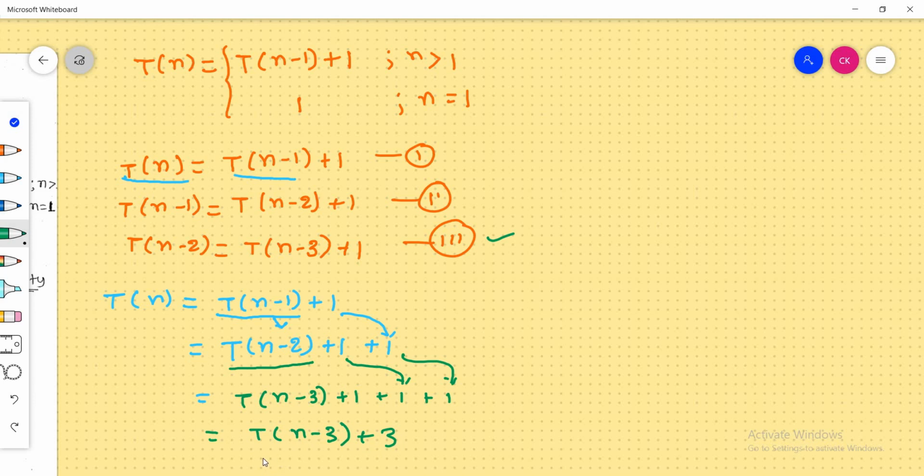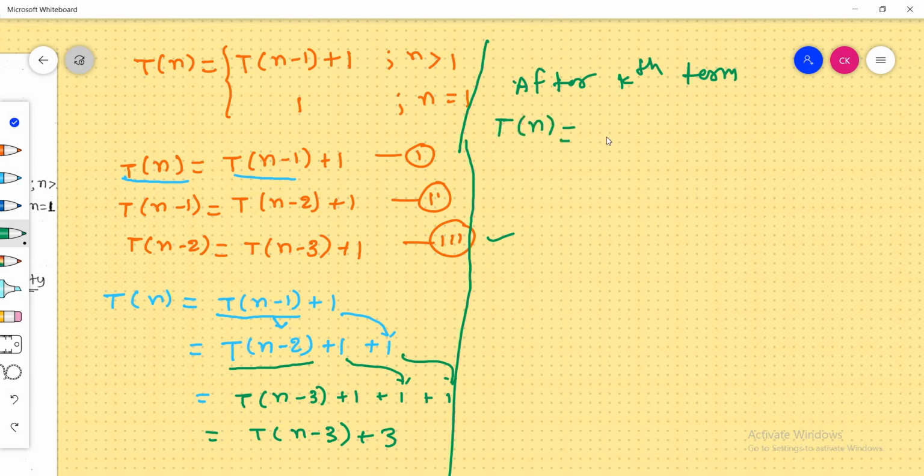So after, let us suppose, the kth term, T of n is equal to T of n minus k plus k.